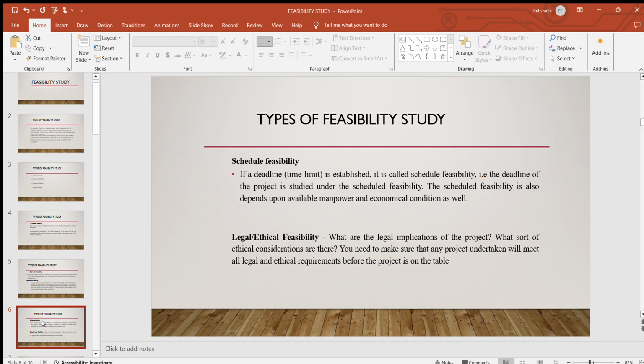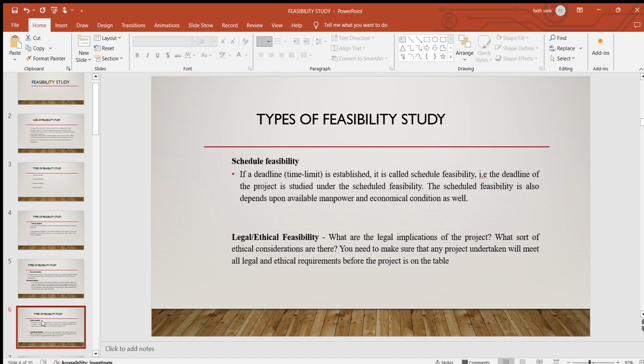This store will need maybe to consider the time which is required to develop a website and even integrate payment gateways and even, let's say, implement marketing campaigns. So here, a schedule feasibility will be conducted to determine if that particular project can be completed within the desired time frame.